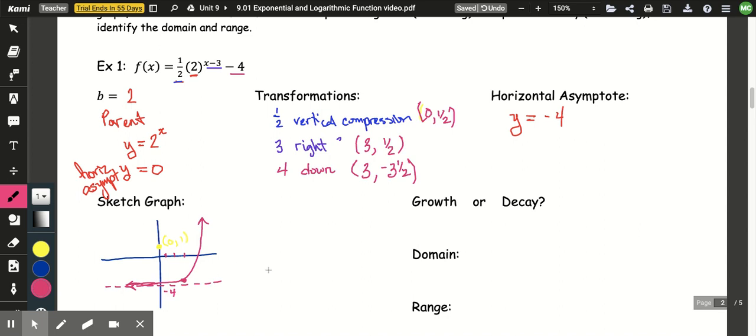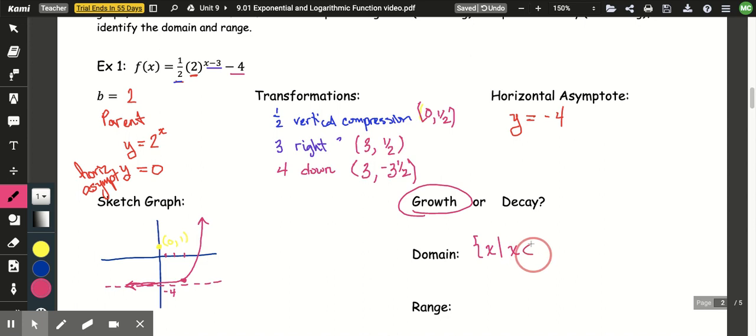Now looking at the graph there, as I move from left to right on this picture, I can see that it's going upward. The y values are increasing, so that means that this would be an exponential growth function. For the domain, with an exponential function, it doesn't matter what you do to it.